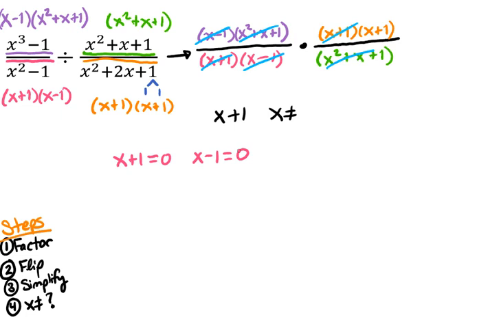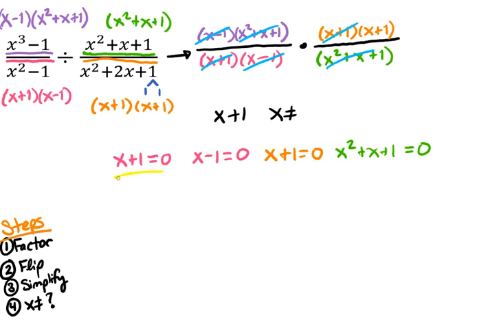Now remember, because we flipped our fraction, what's currently our numerator used to be the denominator, which means that both the numerator and the denominator on this particular part, if we cross it off, it needs to be written down. So we also need to write down the x plus 1 and the x squared plus x plus 1 and set that equal to 0.